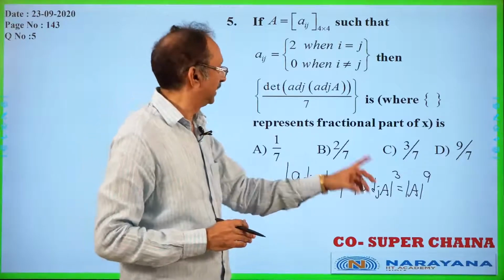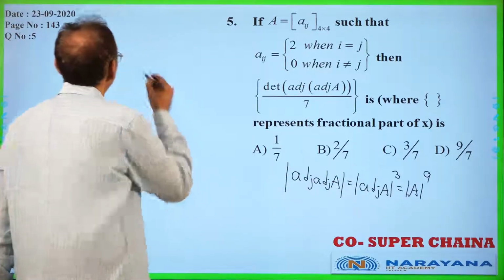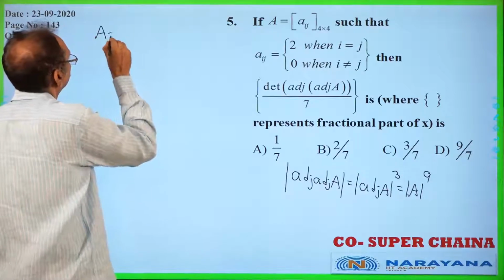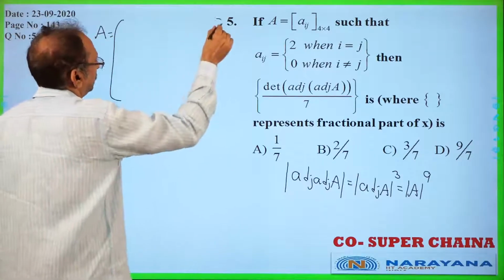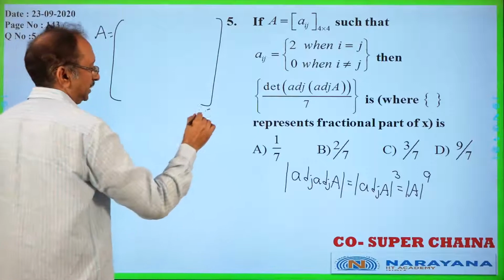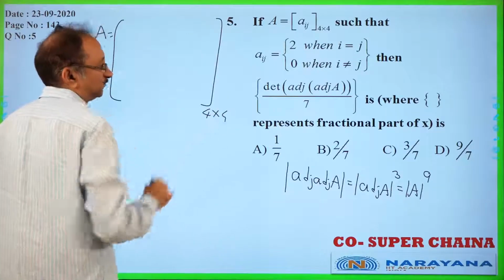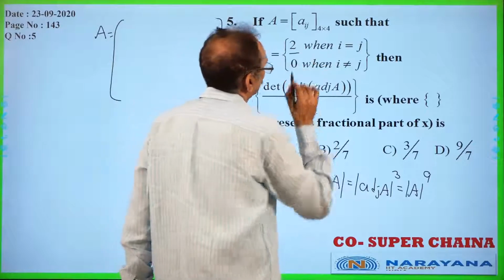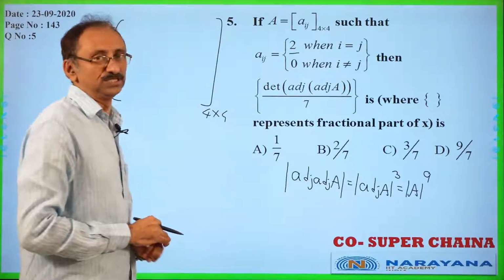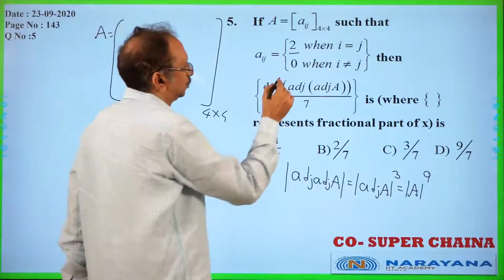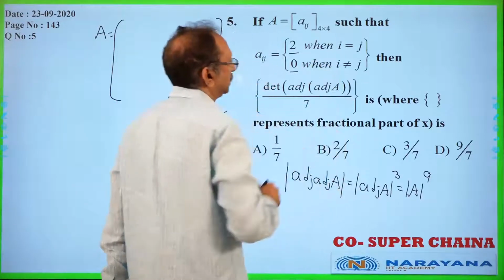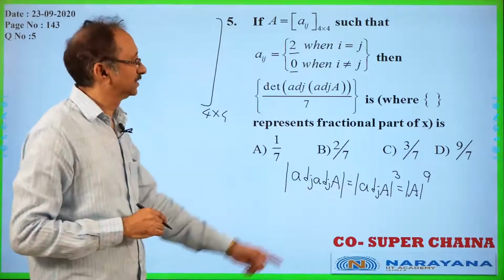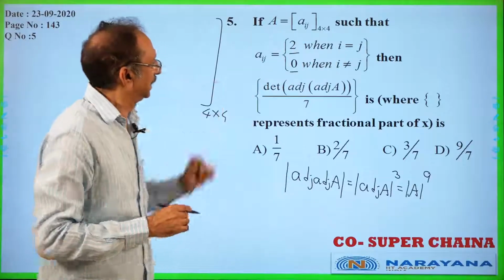First of all we have to find det A. So what is A? It is a 4 by 4 matrix. So it contains 4 rows and 4 columns. What is the definition here? Aij is equal to 2 when i is equal to j and Aij is equal to 0 when i is not equal to j. That means in the diagonal elements write all 2's.